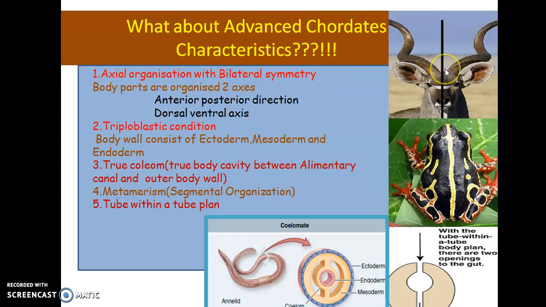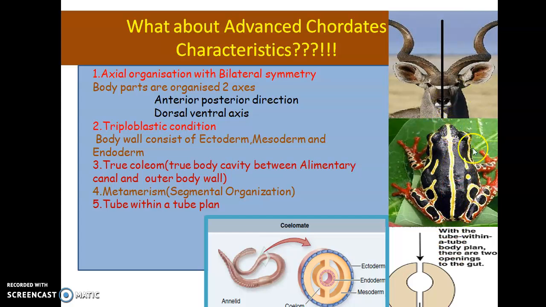I think you know what is meant by bilateral symmetry. When a clean cut is made in the correct anterior posterior direction, you will get equal halves. Here it is a mammal, you will get equal halves, and here it is a frog, when a correct plane is made through this anterior posterior direction, you will get equal halves.